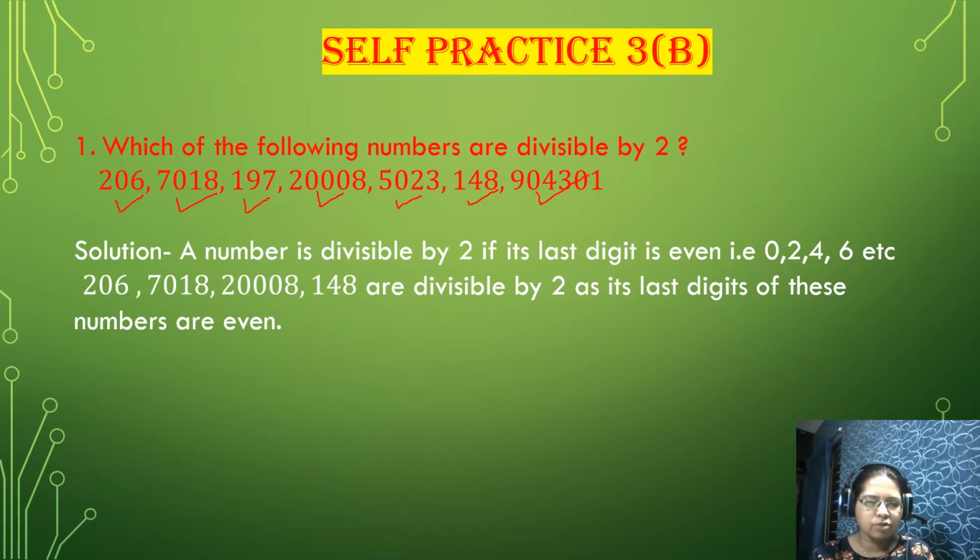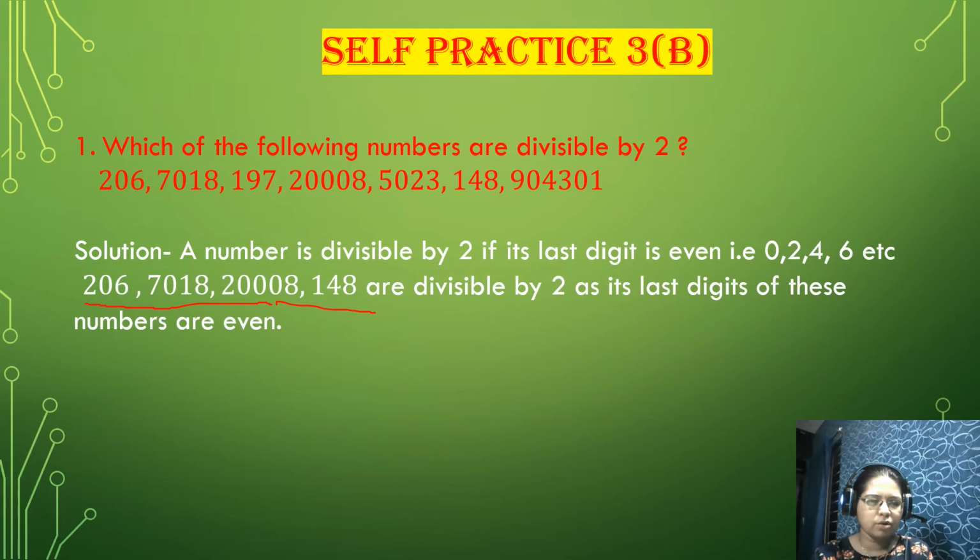9 lakhs 4301. Here the last digit of this number is 1, which is not even. So this number 9,04,301 is not divisible by 2. So we get the numbers 206, 7,018, 20,008 and 148.